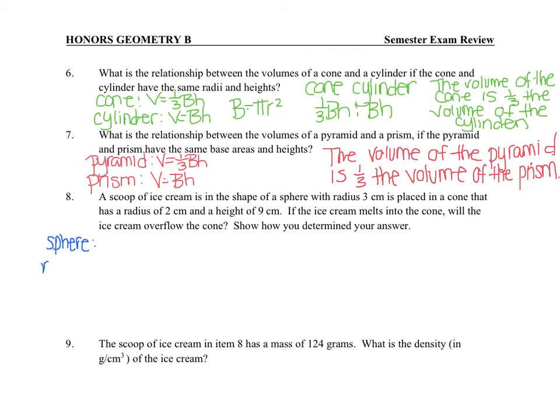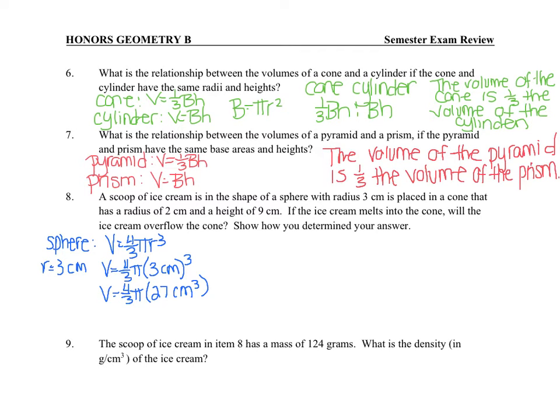The sphere is going to have a radius of 3 centimeters, and the volume of a sphere is 4/3 pi r cubed. So my volume is going to be 4/3 pi times 3 centimeters cubed. So the volume is 4/3 pi, 3 cubed is 27, so it's 27 centimeters cubed.